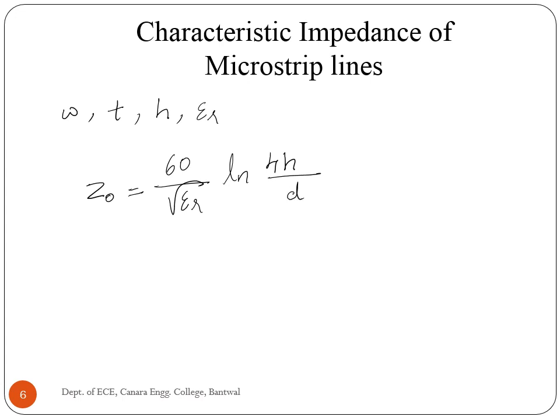If the effective or equivalent values of the relative dielectric constant of the ambient medium and the diameter d of the wire can be determined for the microstrip line, the characteristic impedance of the microstrip line can be calculated. This is when h is greater than diameter of the wire.